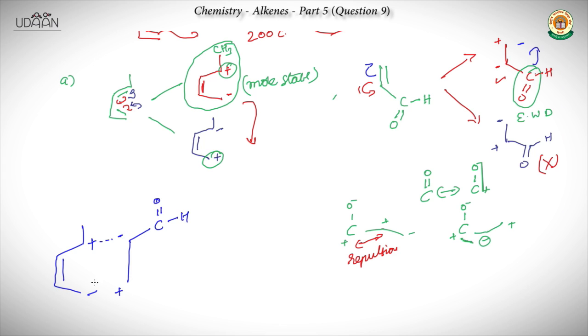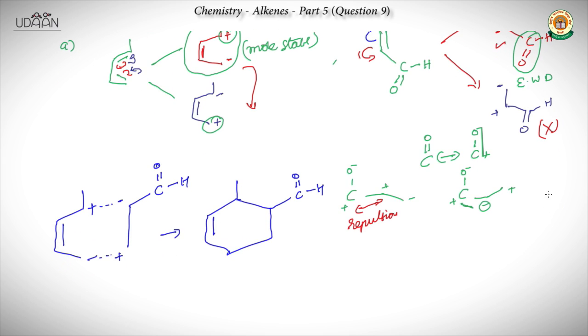Now just couple these charges, and you're going to get this compound. But remember, as I have done the splitting here, it won't actually go in this way, because it's a very concerted step. It proceeds in a single step and it won't have these many steps.